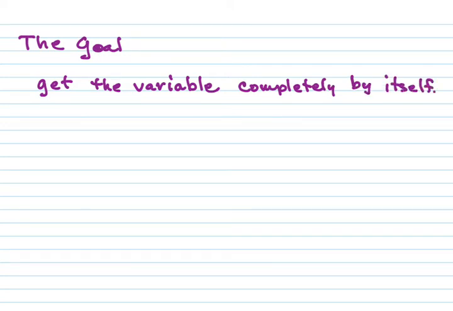We want that variable to be on one side of the equation. And now it doesn't matter which side of the equal symbol it's on. It can be on the right, it can be on the left. Typically, teachers like for it to be on the left because it makes it easier for us to grade. But who cares? Right or left, it doesn't make any difference.